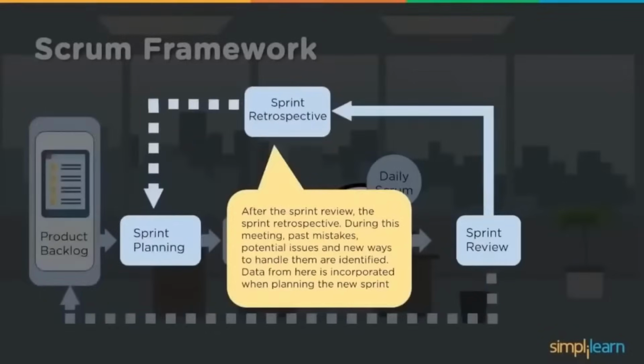Then the sprint retrospective happens, after the sprint review. During this meeting, what went well, past mistakes, potential issues, and new ways to handle them, which are required to be done correctly in the next sprints, need to be identified. Data found from here is incorporated when planning the new sprint.